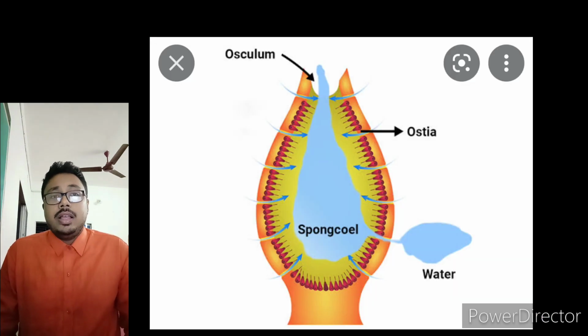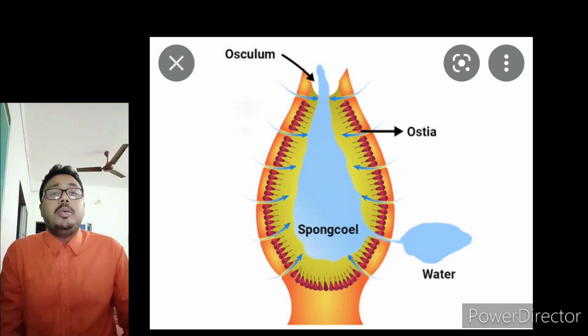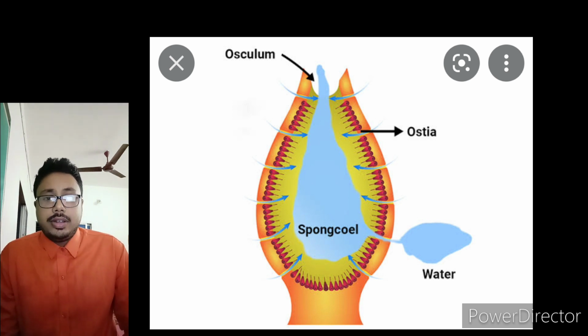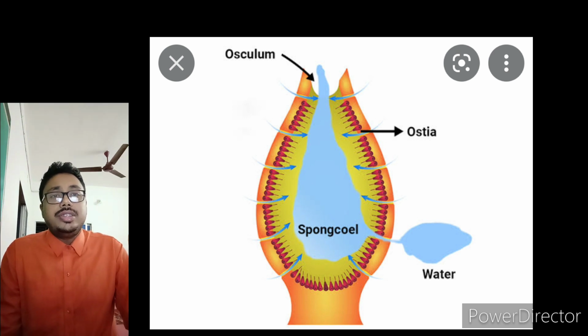Now, there are numerous pores on the body, and these are called ostia, from where water enters inside the body, and from that water, the organism gets all its nutrients.